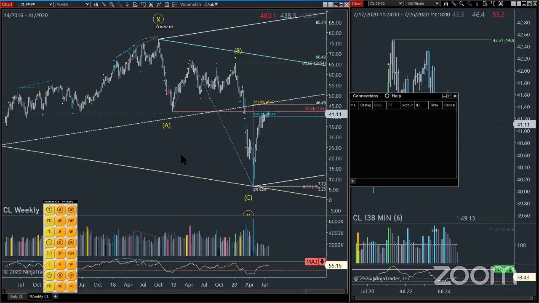So anyhow, we pulled all the way back and done that in pretty much a straight line. So I wouldn't really be buying into this tomorrow.